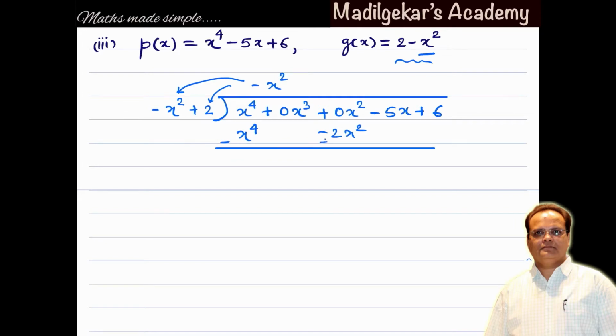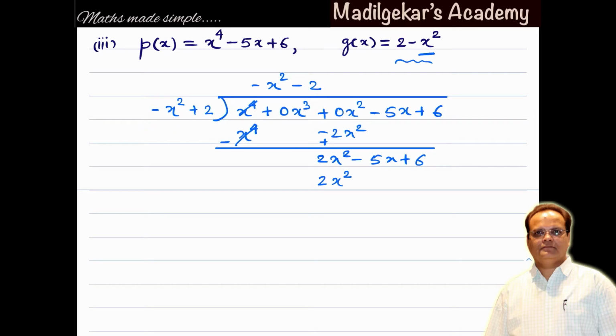Subtracting, x raised to 4 cancels. Now here 0x cube. Let us check later on whether x cube is required or not. Here 2x square minus 5x plus 6. Now if we multiply this term by minus 2, we'll get 2x square. So the second term of the quotient is minus 2.